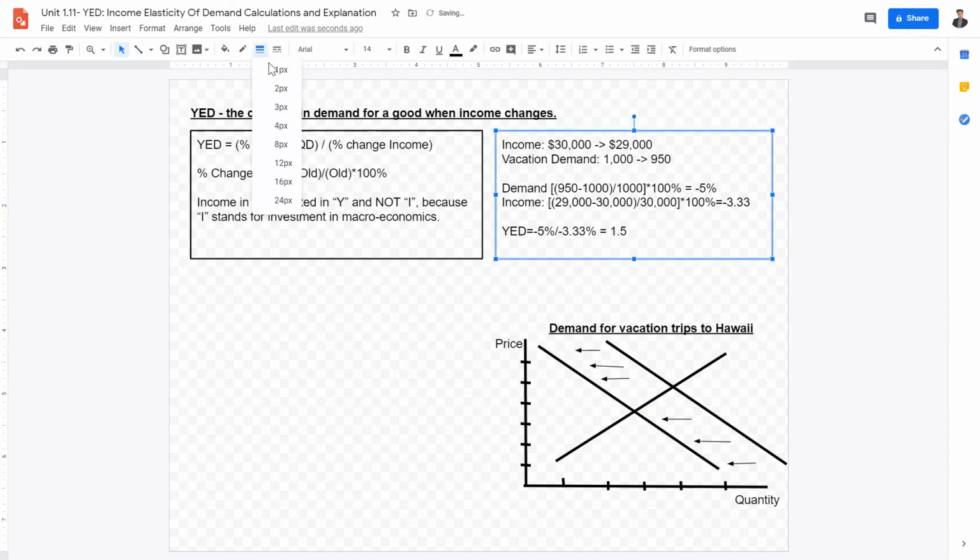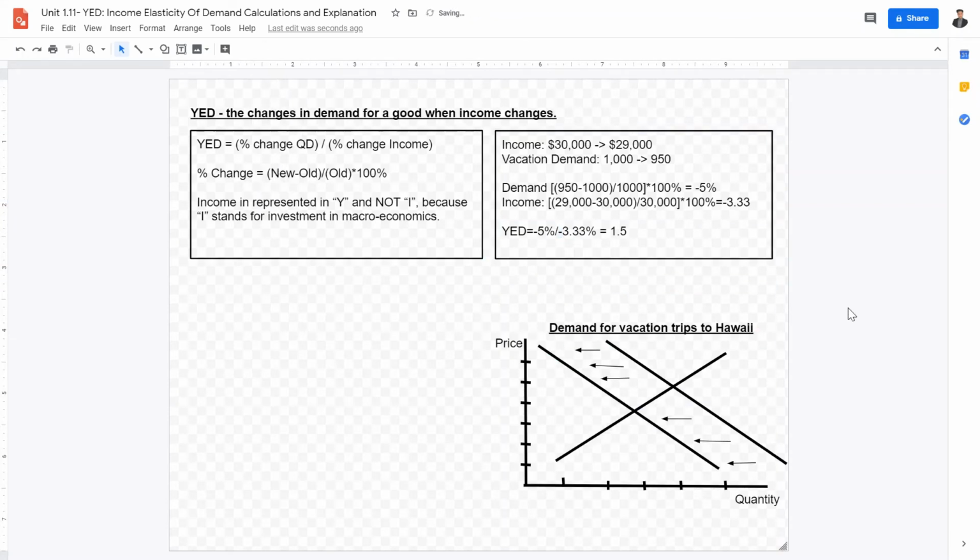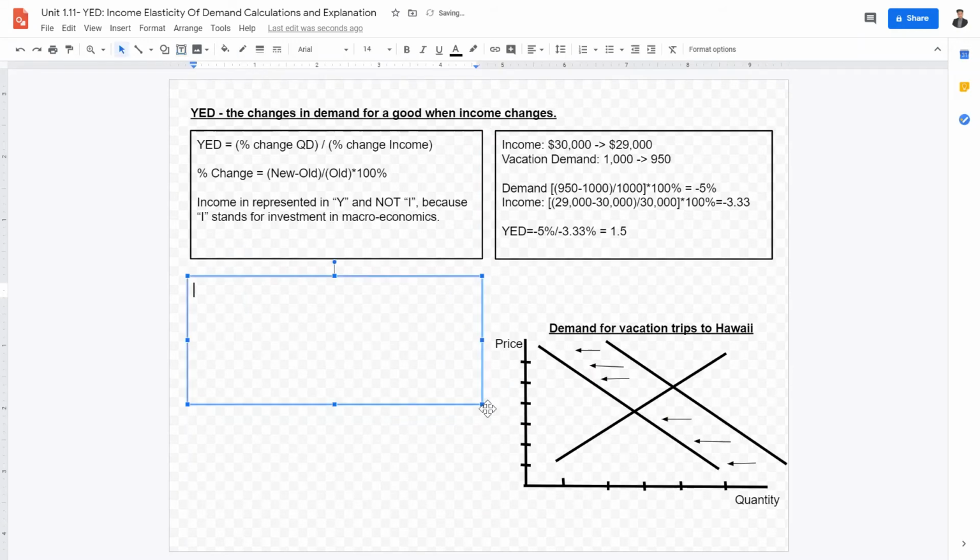So what does this tell us? Okay, remember in previous chapters we learned that there are 3 major types of goods.